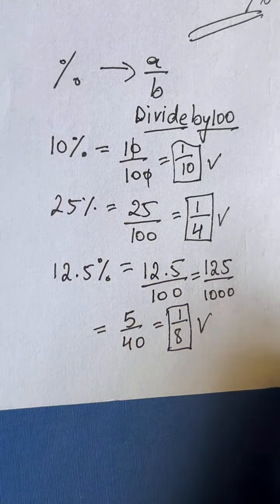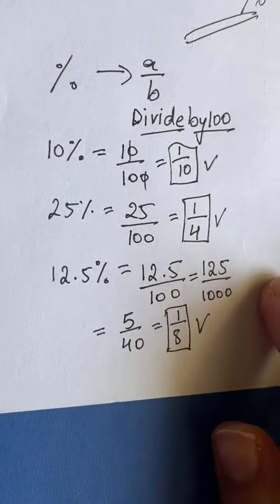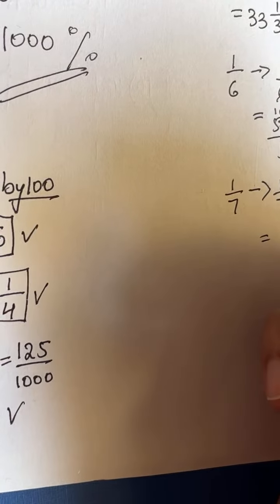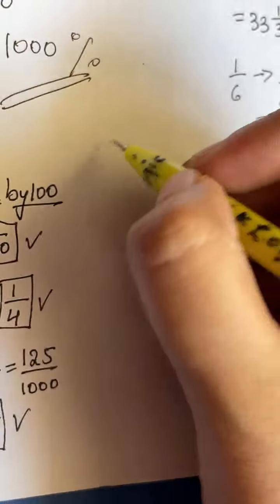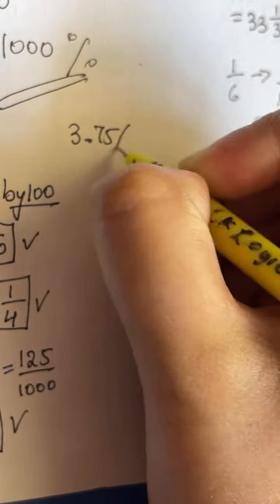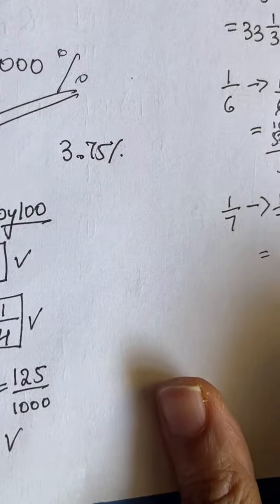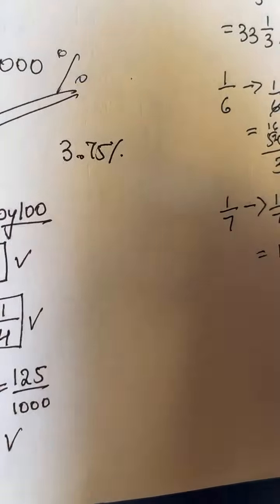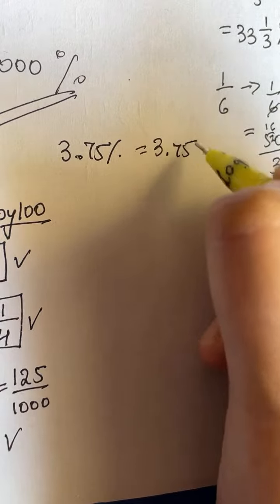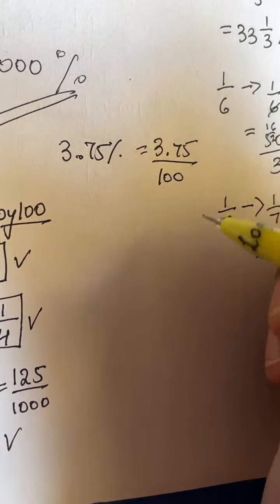Okay, let's see another example. Suppose you have 3.75%. 3.75% can be written as 3.75 per 100, out of 100.